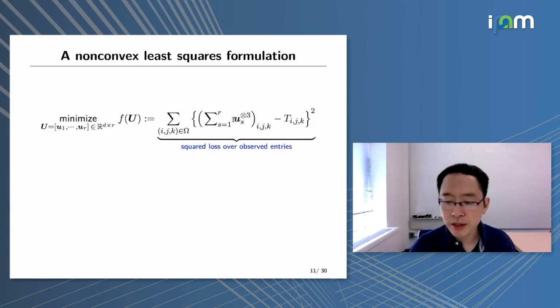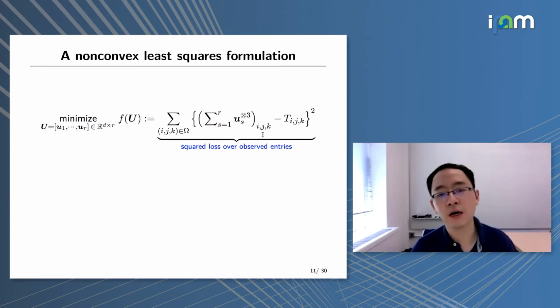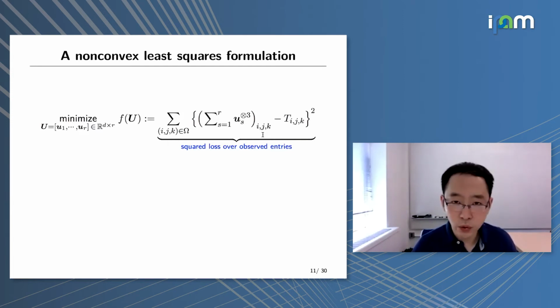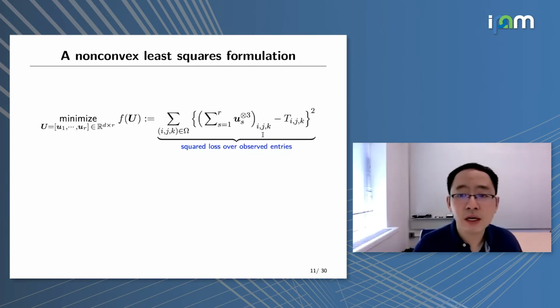The algorithm that we are going to look at is some sort of non-convex optimization. Let me start with perhaps the most natural formulation for doing this, which is the least squares formulation. Imagine that I have a low-rank tensor to solve for, and let's just represent it explicitly using the low-rank tensor structure.